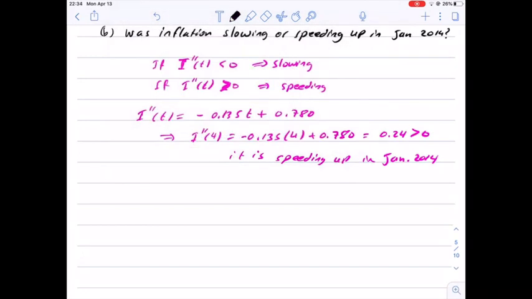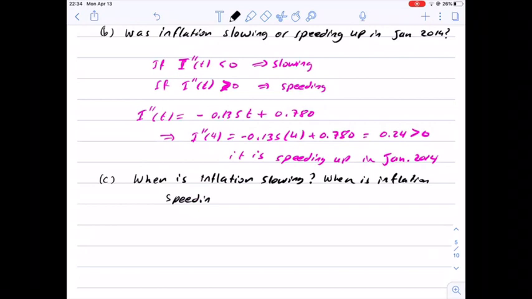Okay, now another question. We want to ask, when is inflation slowing? And when is inflation speeding up?